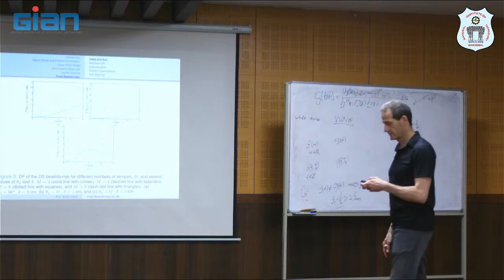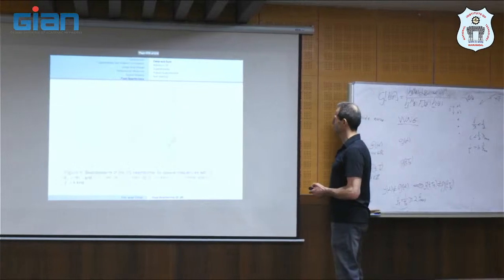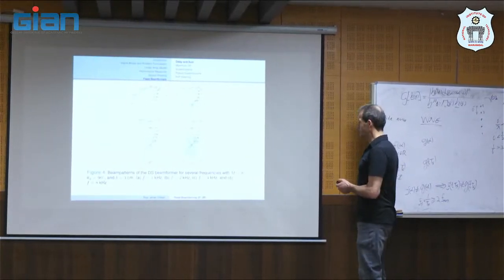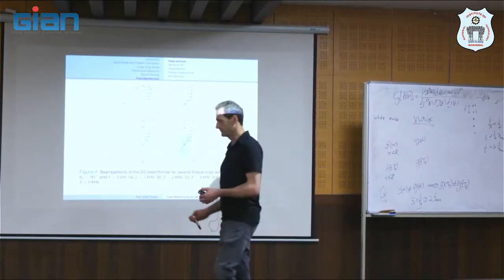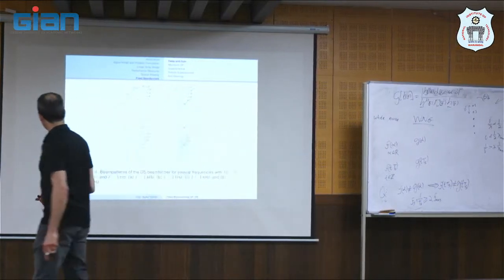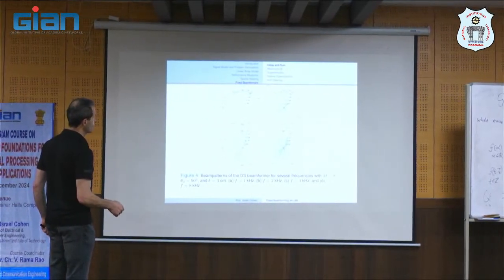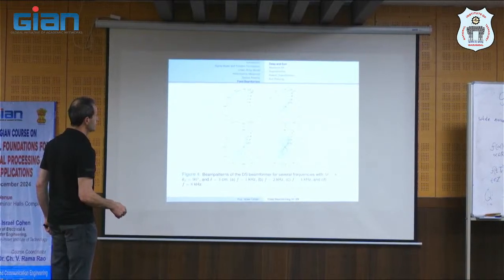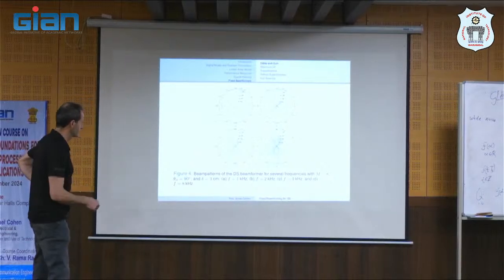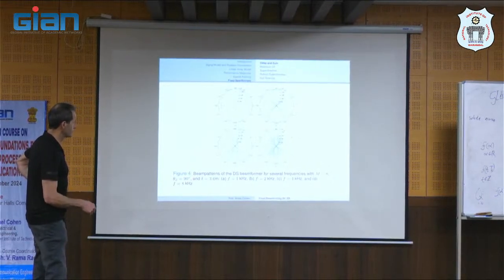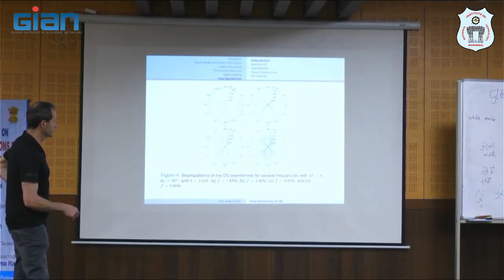Let's see that. So if we check the beam patterns, these are beam patterns, polar plots. What do we see? We see here different beam patterns for different frequencies. This is for 1 kilohertz, 2 kilohertz, 4 kilohertz, and 8 kilohertz. For the first case that we showed before, 90 degrees, broadside signal, and delta equals 3 centimeters.